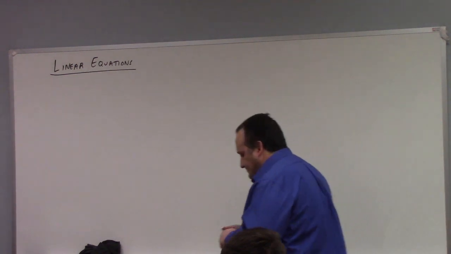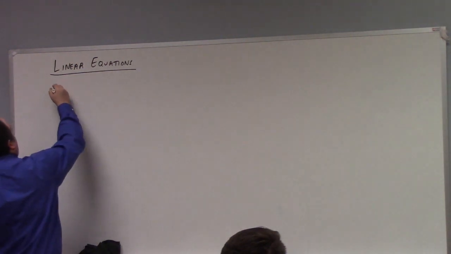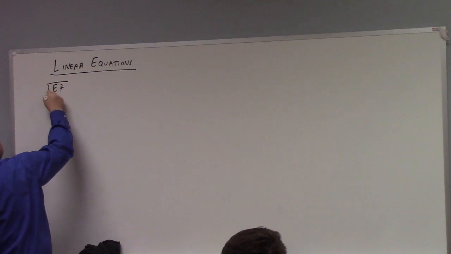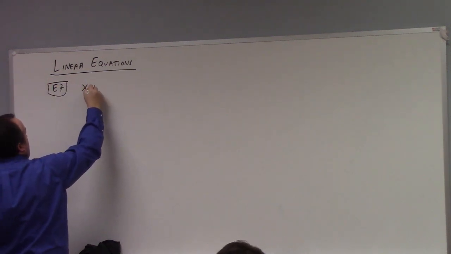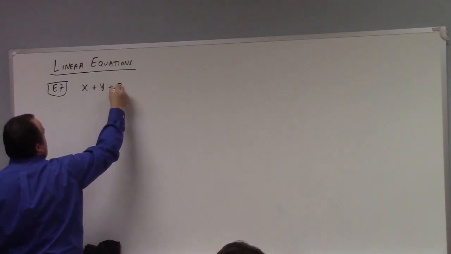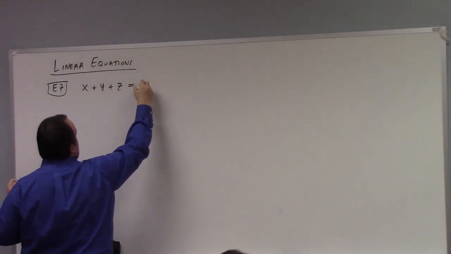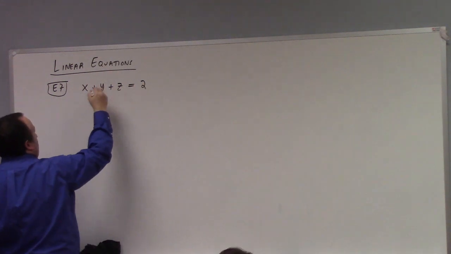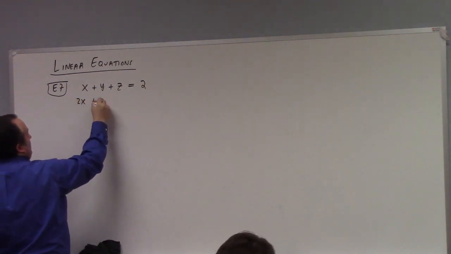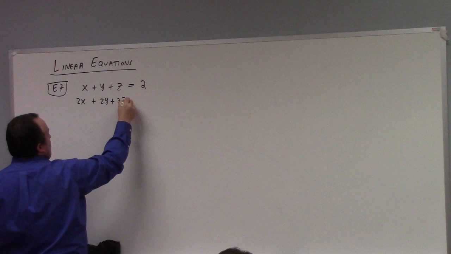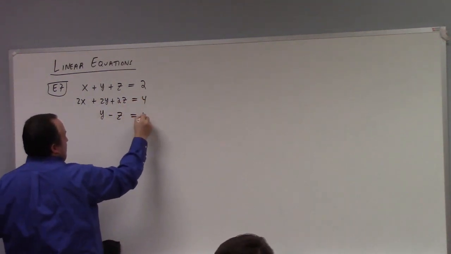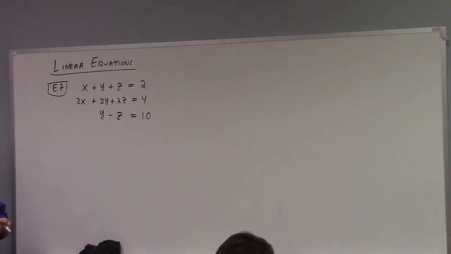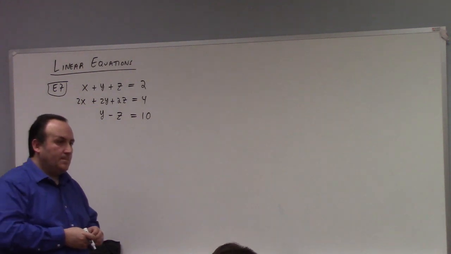So example 7. What if we were up against, let's say, x plus y plus z equals 2, and 2x plus 2y plus 2z equals 4, and then y minus z equals 10. So here we go, 3 equations, 3 unknowns again. How should we solve it?